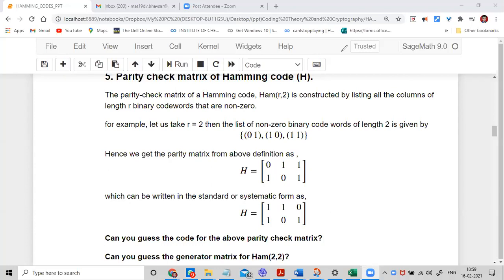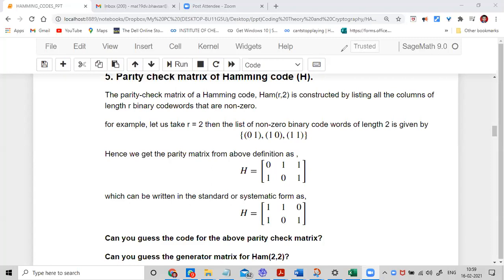The original code is C, then H is the generating matrix for the C perp. So you are actually finding all the vectors which are perpendicular to the C perp. Is it okay? Yeah, sir, now I got it.